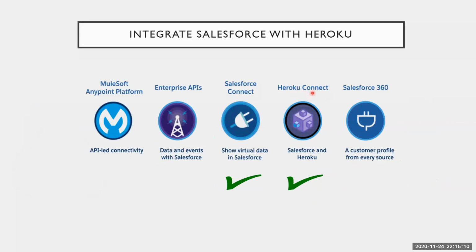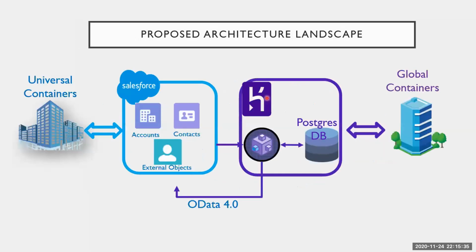That's the first step. Now we have to bring all the data from Global Containers to Universal Containers. So we'll use Salesforce Connect. Those two are similar terms, so I know it's a little bit confusing. The next diagram will help you understand it better.